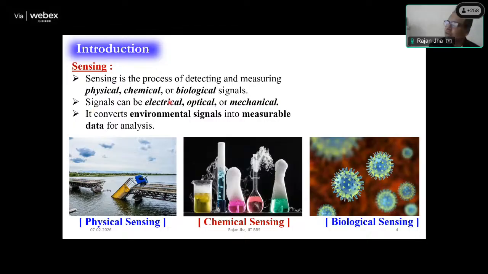It can be an electrical technique, where you measure in terms of current and voltage, or it can be optical techniques, where you measure a parameter related to optics or light. The different attributes associated with light are, for example, intensity, wavelength, phase, and polarization. These are attributes associated with light, like current and voltage are attributed to electrical.